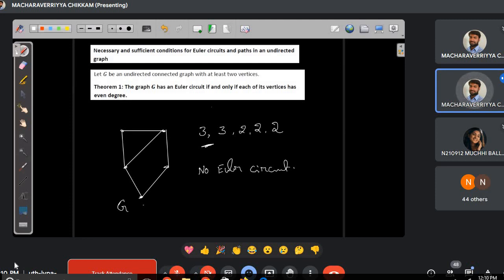It works both ways, not just one way. If you have a vertex of odd degree, you can say that it has no Euler circuit. Suppose you find that all vertices are of even degree, then definitely there is an Euler circuit. But the question is how to find that Euler circuit. So we have an algorithm to find an Euler circuit here.